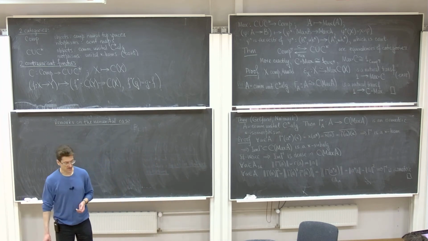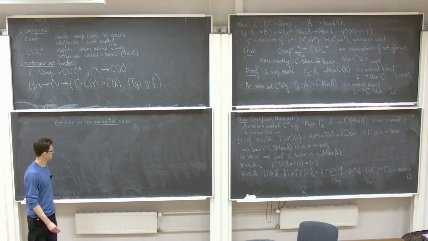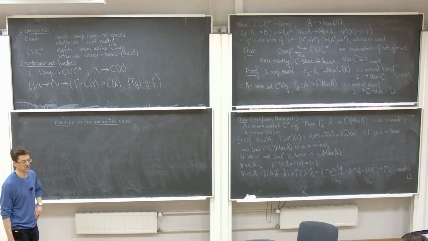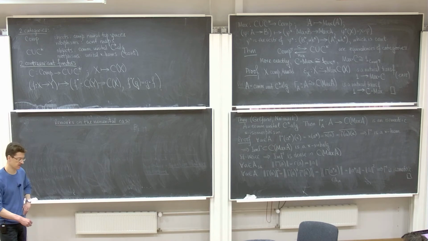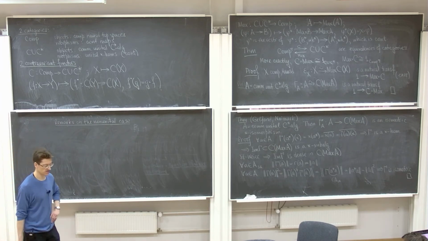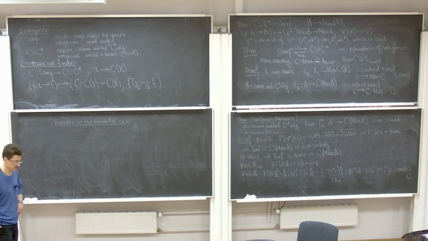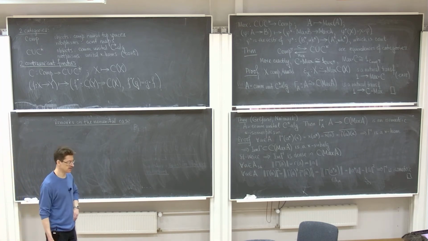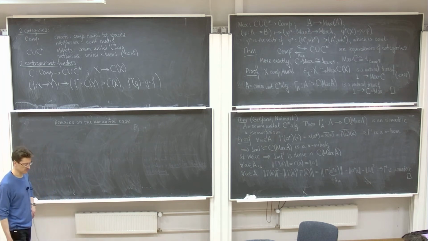But in fact, there are many reasons to consider non-unital algebras as well. And this is an essential difference between pure algebra and functional analysis. So in pure algebra, it is absolutely customary to consider only unital algebras and rings with identity. But in functional analysis, this is not the case. And there are many reasons for that.